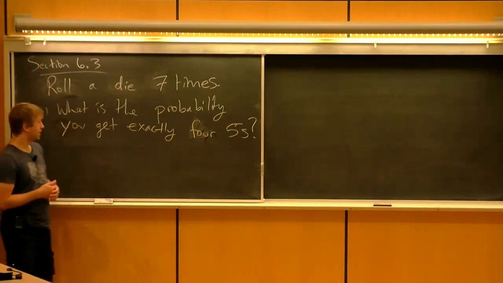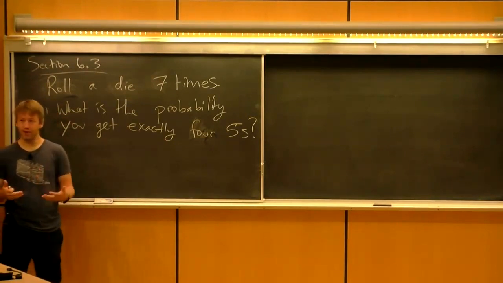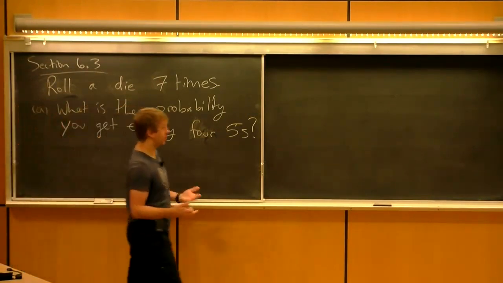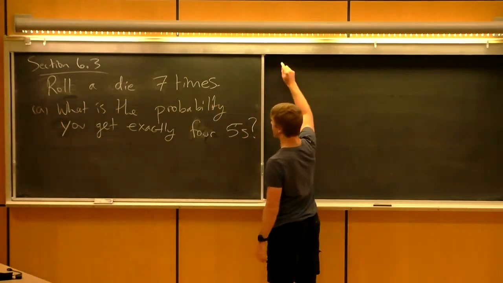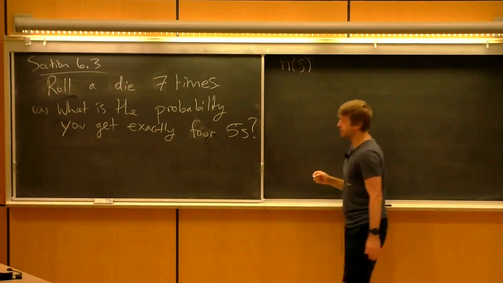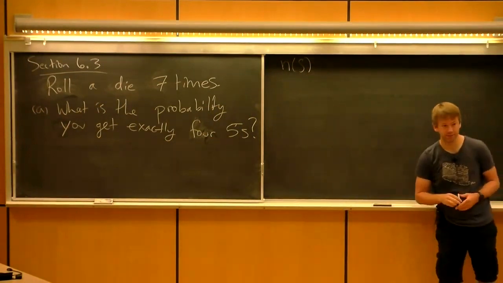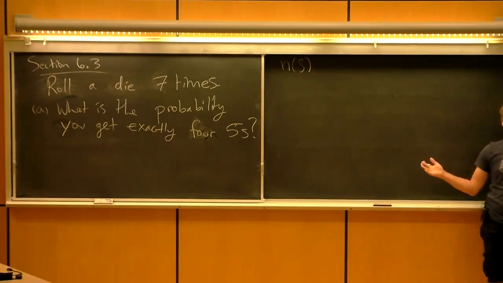So every outcome is equally likely, and this comes down to a counting problem. So maybe I'll ask, first, how big is our sample space here for this experiment? How many possible outcomes are there?